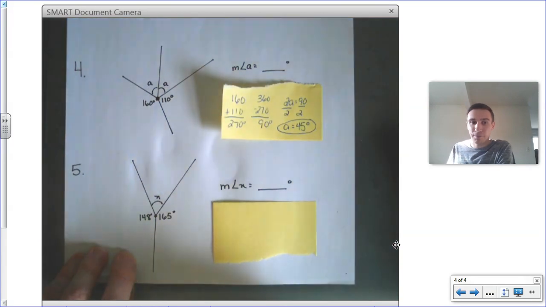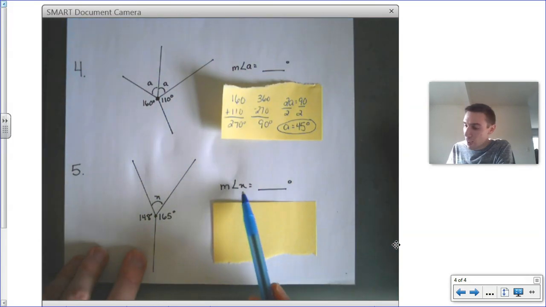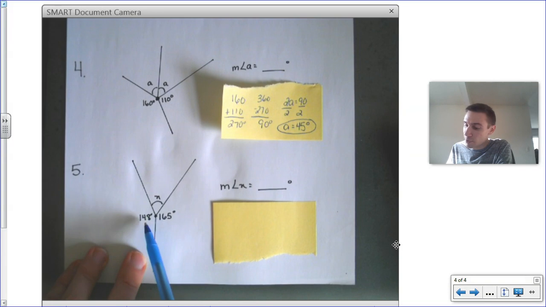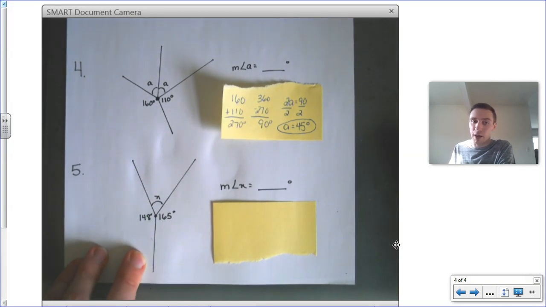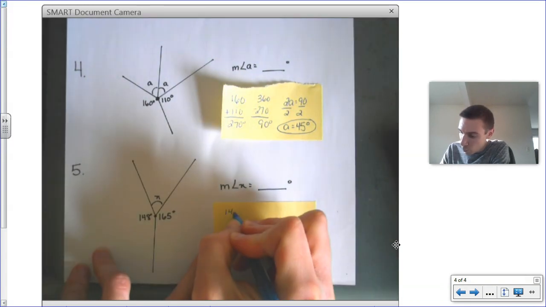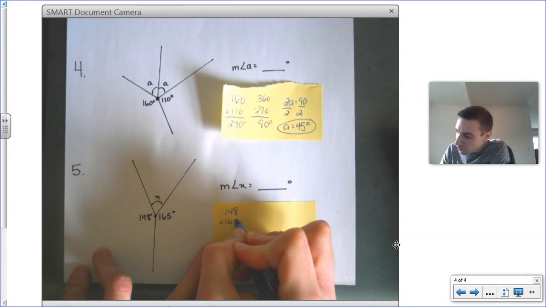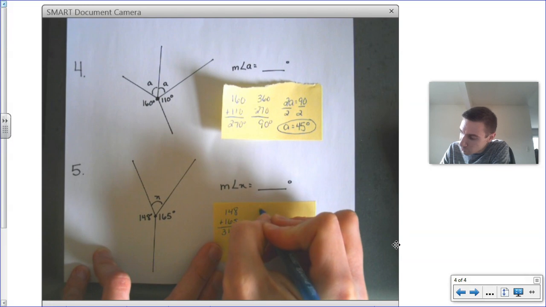Down here, we had to find the measure of angle N. So I have angle N right here. I have 148 degrees here and 165 degrees here. So let's see what angle N is. Thinking about my procedure, I start out by adding up what I already have. I know I have 148 plus 165, and that's 313 degrees.